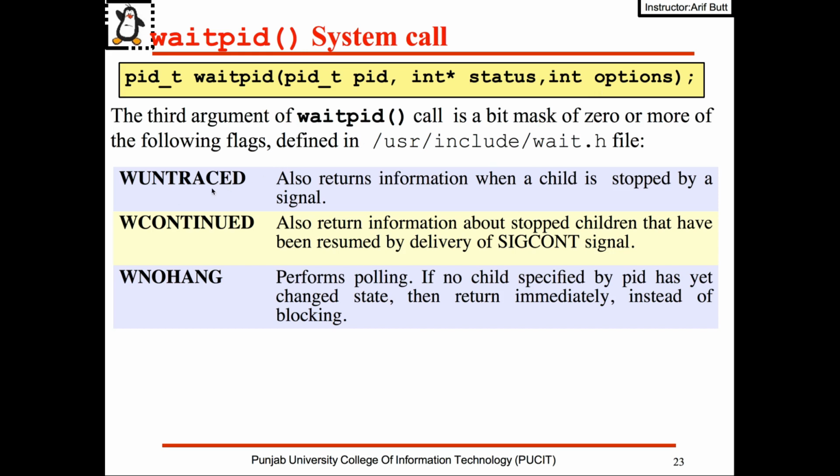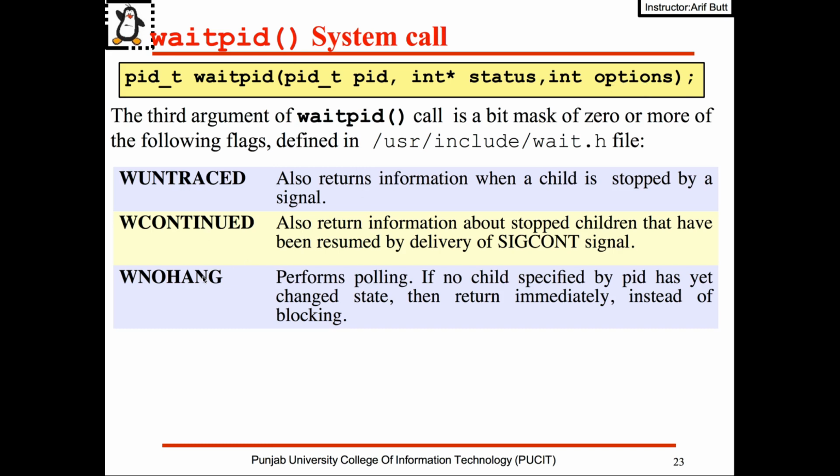Well, we can write WUNTRACED over here, which means also return information when a child is stopped by a signal, and this is what we wanted. WCONTINUED also returns information about stopped children that have been resumed by delivery of SIGCONT. So these were the two limitations of the wait call. So if you write WUNTRACED bitwise OR WCONTINUED over here, it will solve the issue.